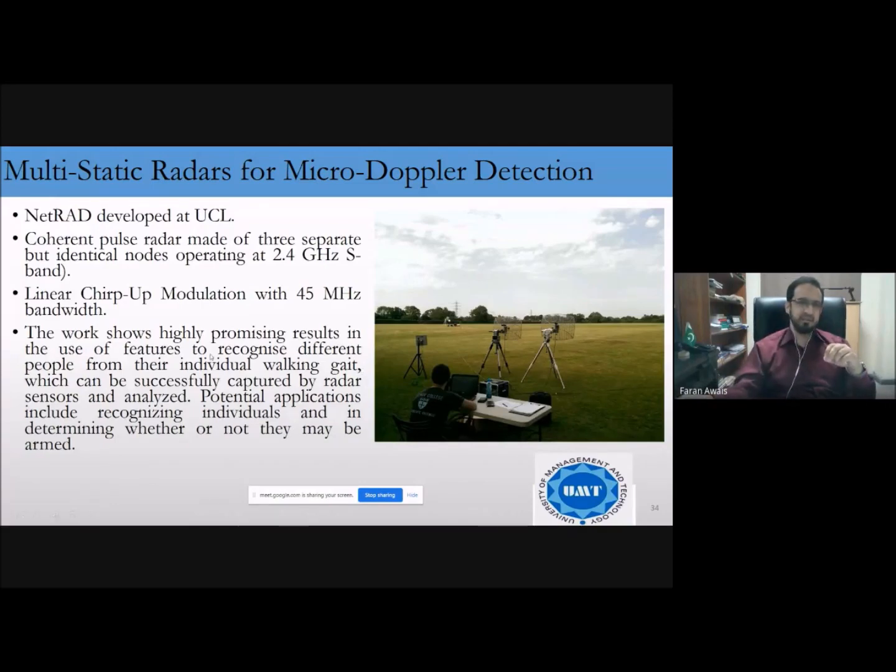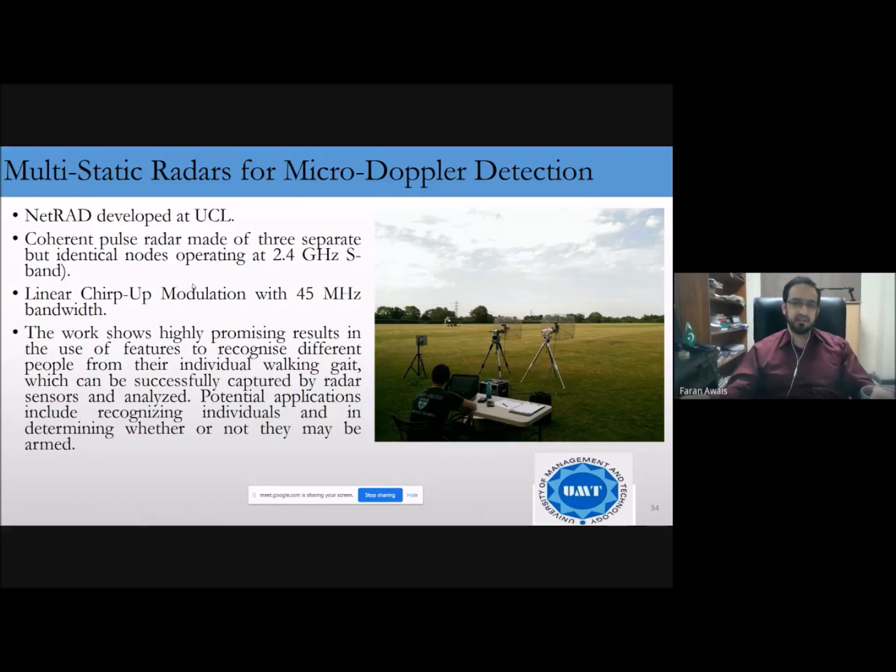There is a NetRad radar that was developed at University College London. Again, all of this work has been done mostly in a laboratory environment in an institute or academia. Lots of promising results were achieved back in 2015, and they're still working, trying to make it better.